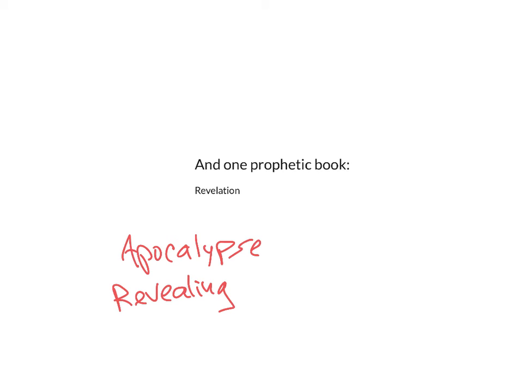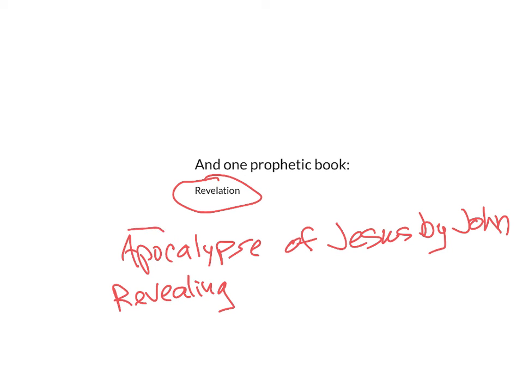So the apocalypse of, literally, Jesus, which he gave to the apostle John. So the full title of the book is The Revelation of Jesus Christ, which he gave to his servant John. You can see why it gets shortened just to Revelation or Apocalypse, both of which mean exactly the same thing.